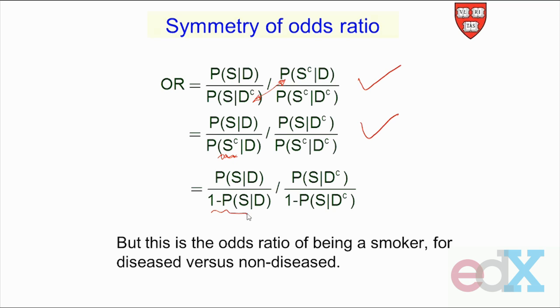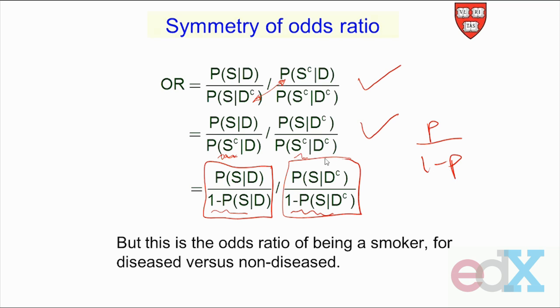Well, that's 1 minus the probability of being a smoker. What is this one? It's the probability of not being a smoker, given that you don't have the disease. Well, that's just 1 minus the probability of being a smoker if you don't have the disease. So then, look at this. What is this? This is our old friend P over 1 minus P. This too is a P over 1 minus P.